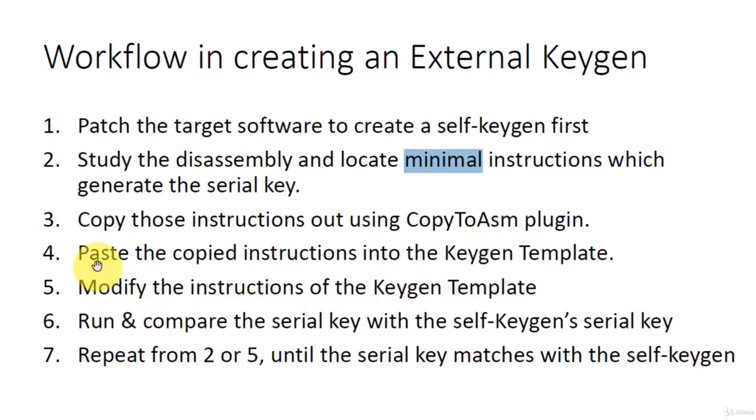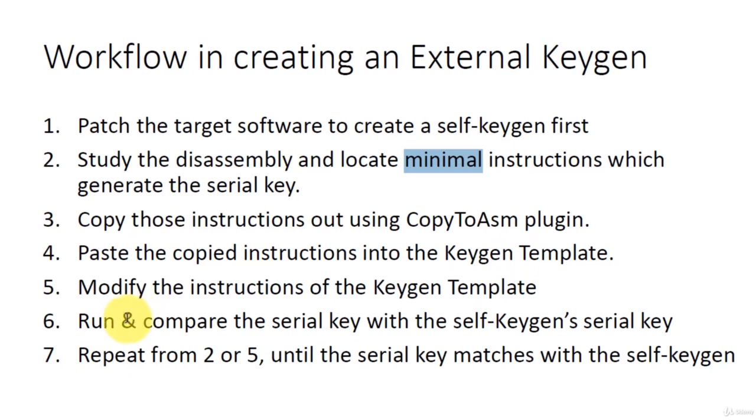Step 4. Paste the copied instructions into the keygen template. The keygen template has been discussed in the previous session, and this template is a sample assembly code which you can use and modify in order to become an external keygen for the target software that you are trying to create a keygen for.